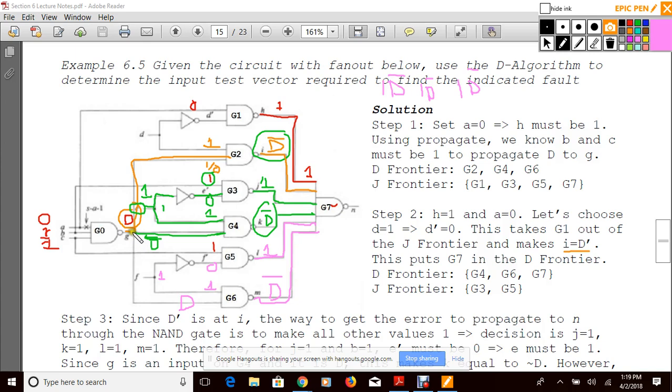That means I'm expecting a 0 and getting a 1, so it's 1 0 1 0. In this case, I should get a 1 on the output, but I'm going to get a 0 instead, which means I've propagated D to the output. Did it again.